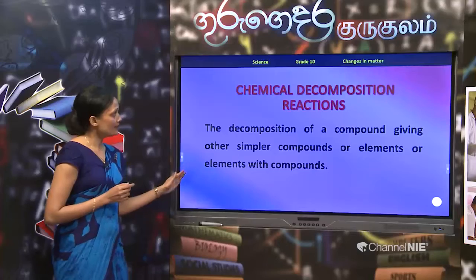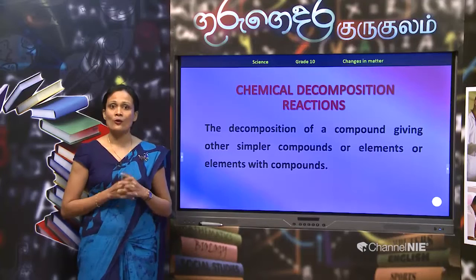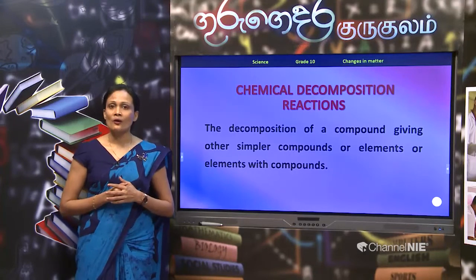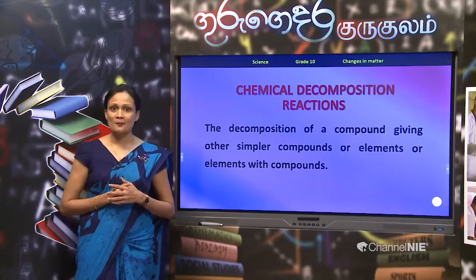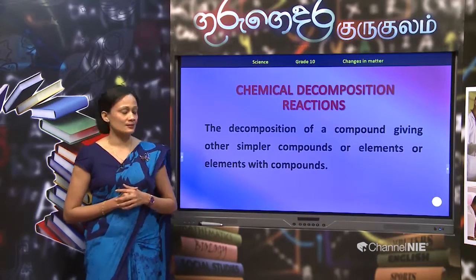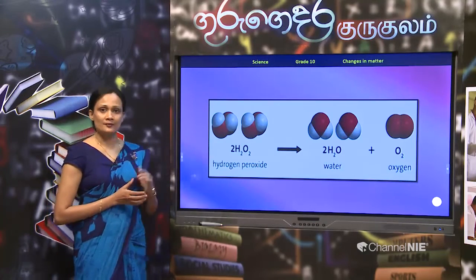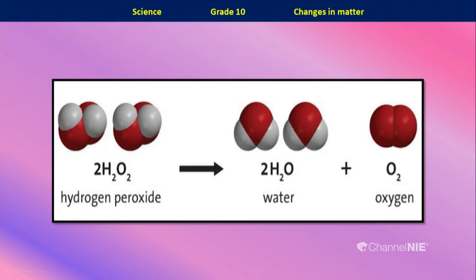So likewise, in chemical decomposition reactions, only one reactant is used up, forming different products. Okay, now let's see some examples for the chemical decomposition reactions. Look at this. Hydrogen peroxide. It reacts and forms water and oxygen. A single reactant converted into a number of products. That means decomposition of hydrogen peroxide. It belongs to the decomposition reactions.